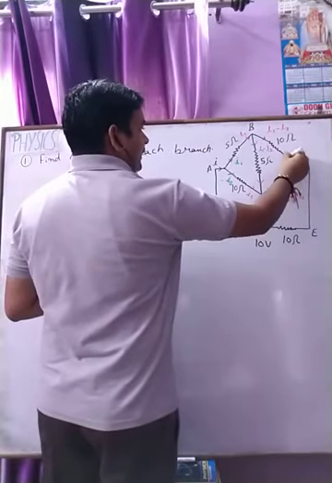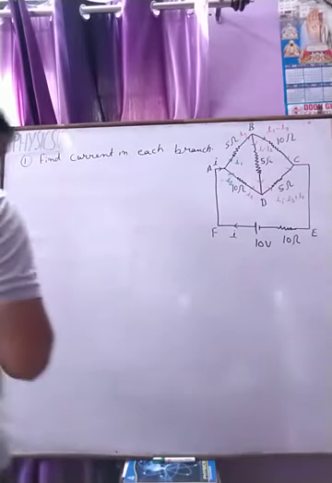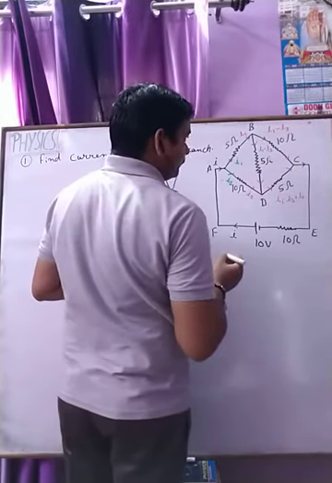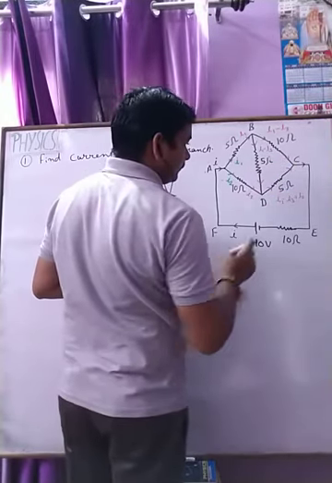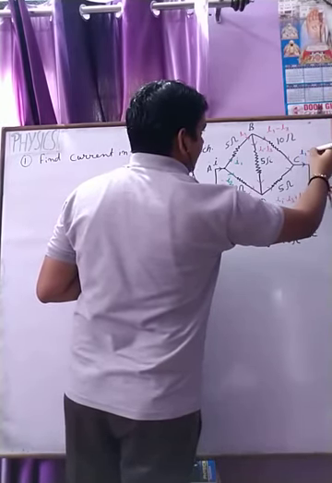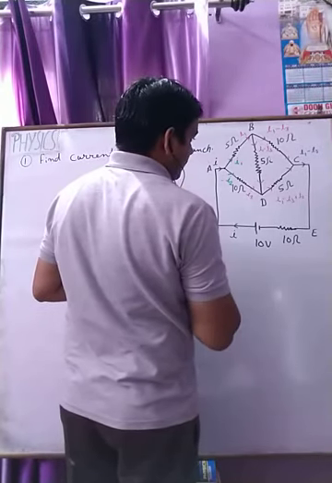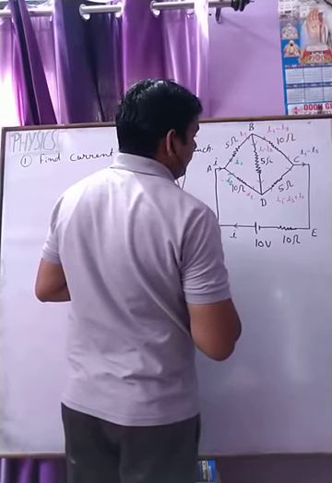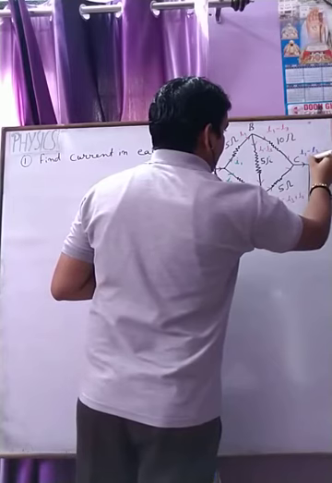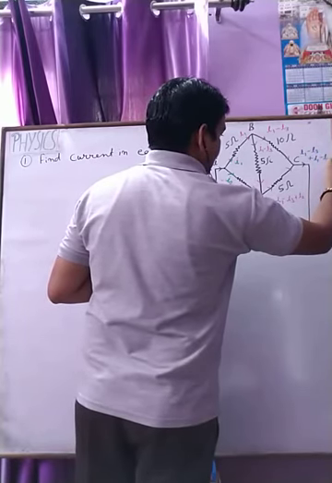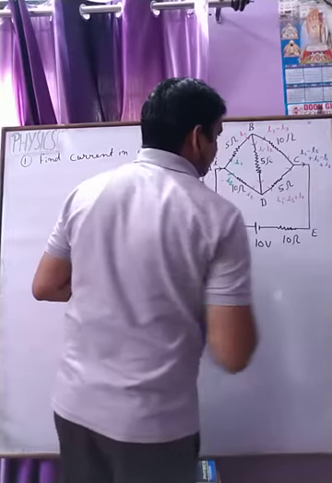When both currents reach this point, then the whole current is leaving from this point, which is I1 minus I3 plus I2.